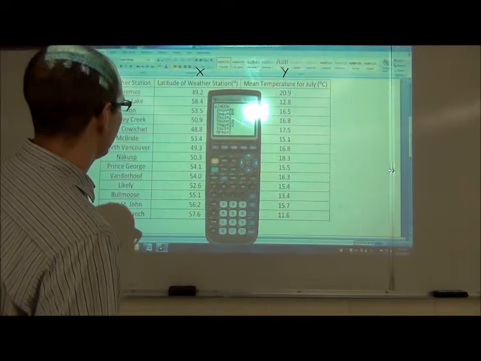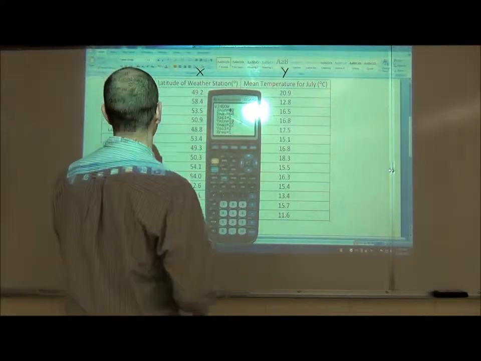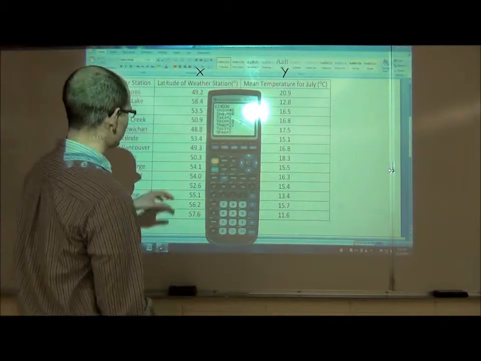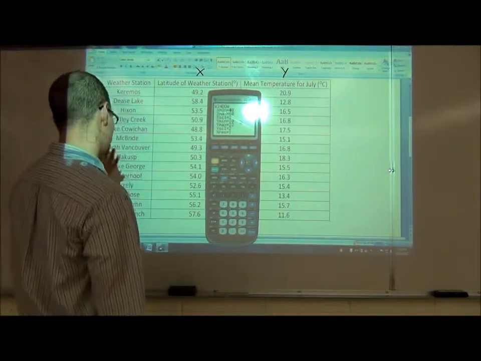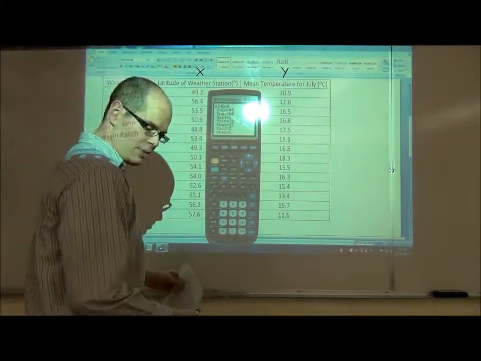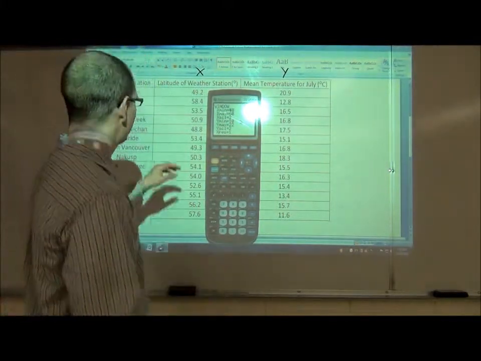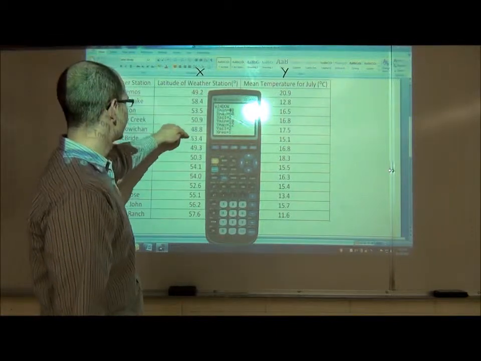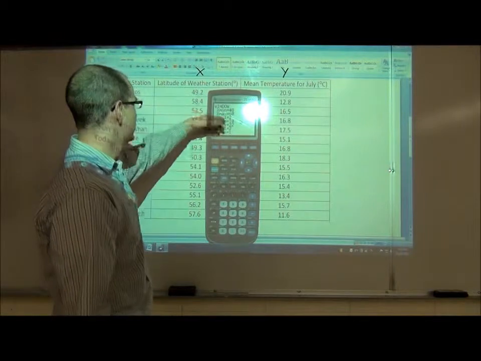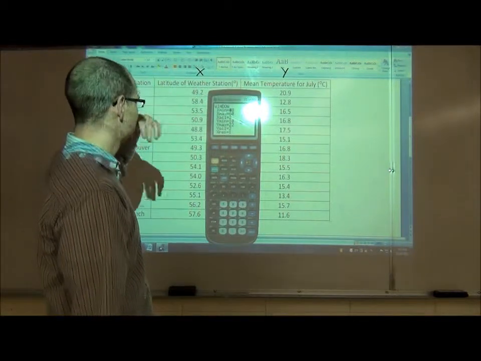So here's the window I'm using. My X min is 48, because if you look at these data numbers for the X, the lowest one is 48.8, so I chose something smaller than that. For my X max, the biggest one is 58.4, sorry, so I picked 60, a bit bigger, and I stopped there.